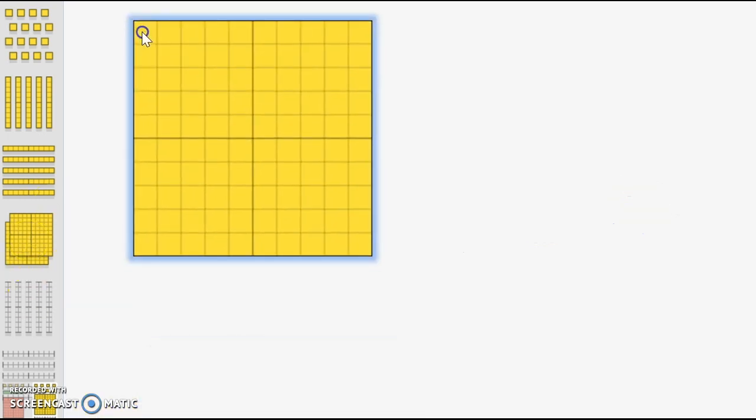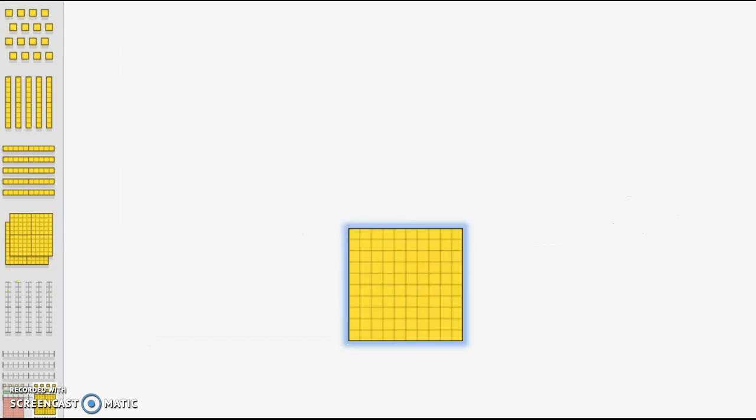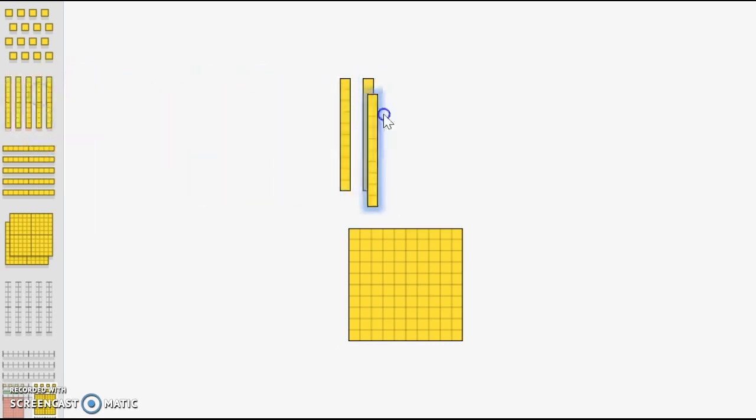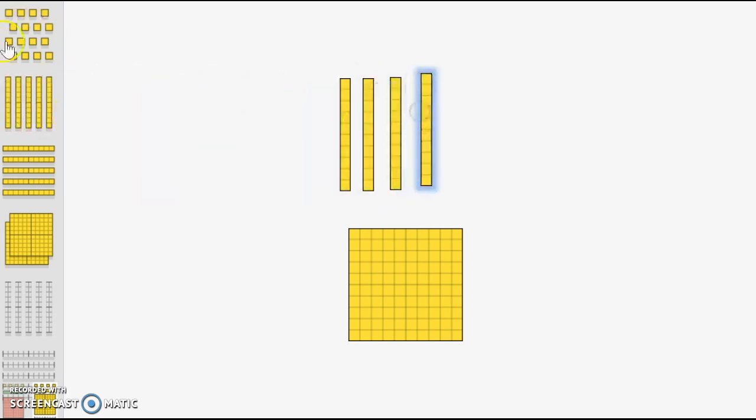So let's start with 141. And we want to split this into 3 groups.